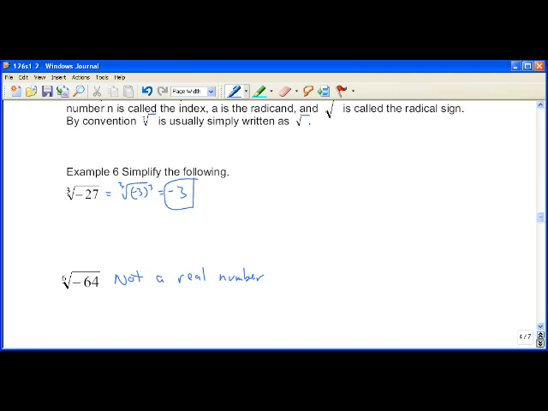Now, if we were doing the sixth root of negative 64 to the sixth power, then it would be 64. But here we're just taking the sixth root of something negative, and you cannot take an even root of a negative. So that's the problem here. You could do it if it was odd, like your cube root.